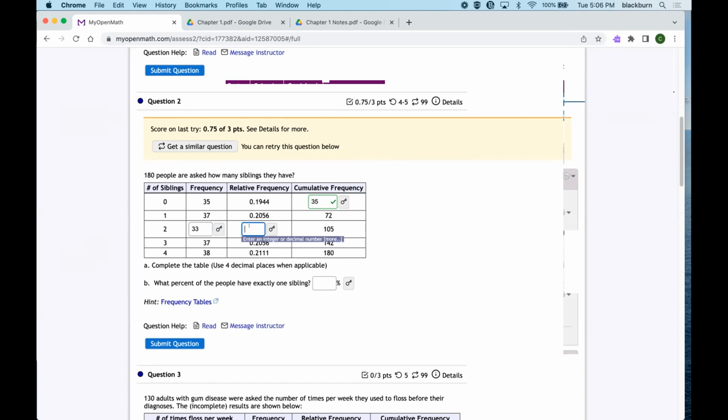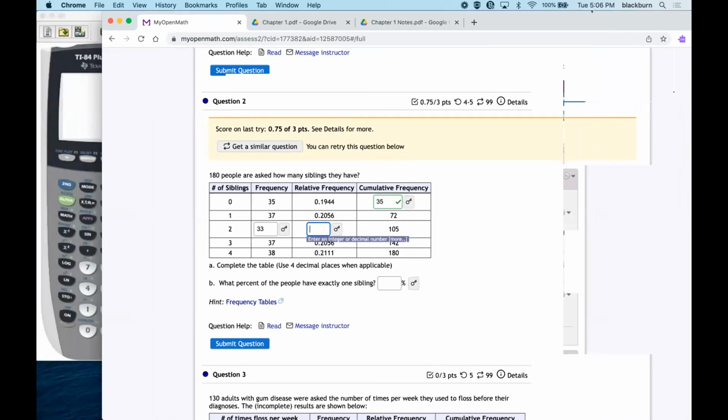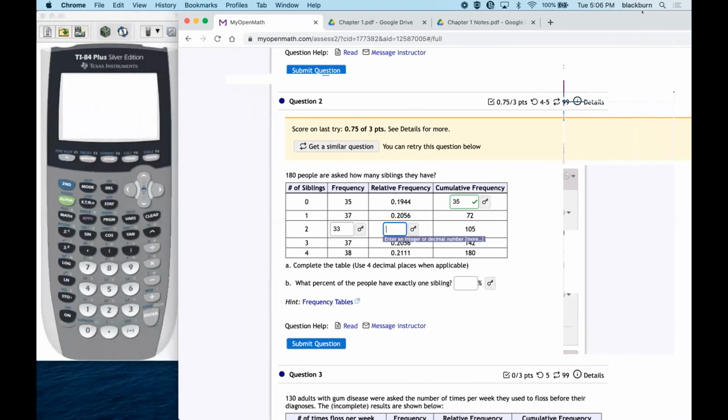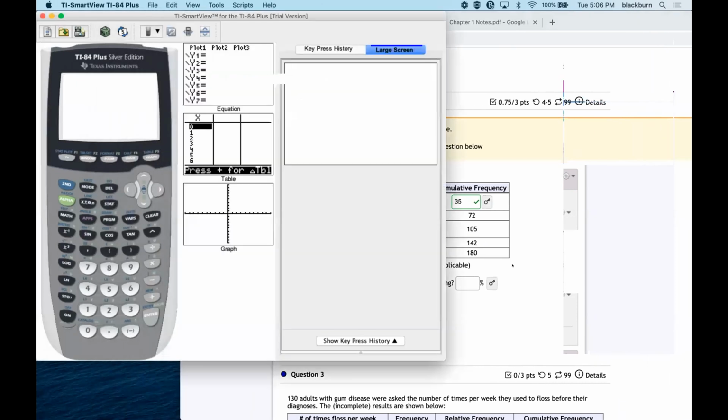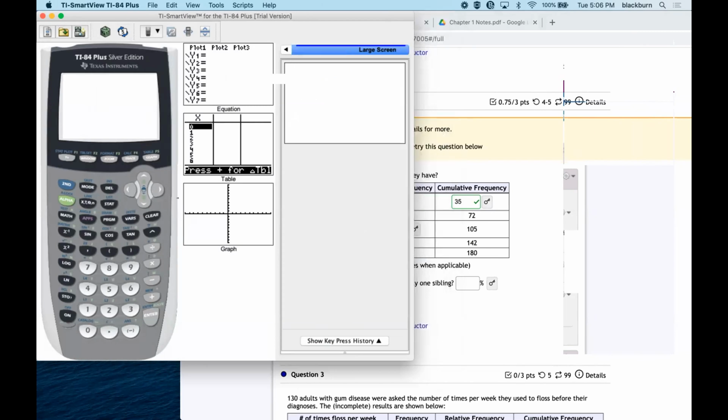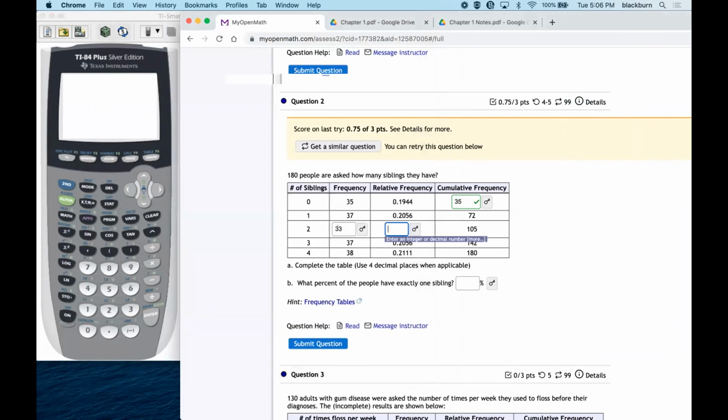And then the relative frequency, I'd actually have to divide. Can I get a thumbs up if you can see the calculator at the same time? Okay, good. So for the relative frequency, we'd have to do 33 divided by the 180.